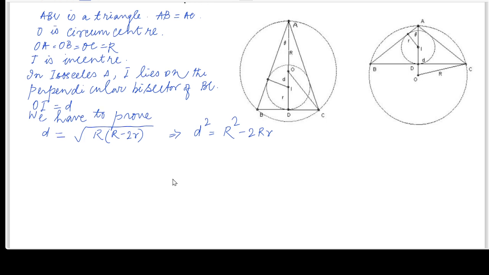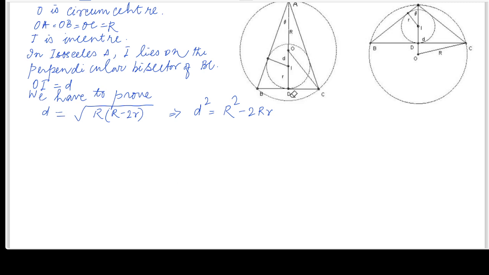We have to reach here, or this can be R square minus d square equals 2Rr.